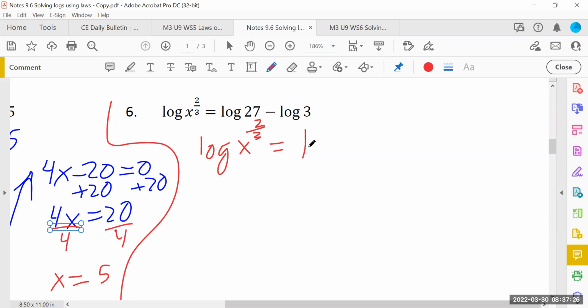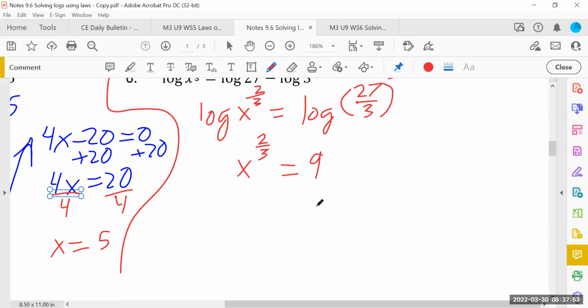We're trying to get it to be 1 log on one side equals a log on the other side, because then we can just set the insides equal. So this becomes log of 27 divided by 3, which is everybody good with that 27 divided by 3 being 9? Right, 27 over 3 would be 9. So I can set the insides equal, x to the 2/3 equals 9.